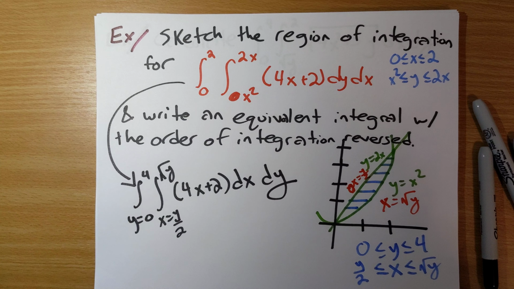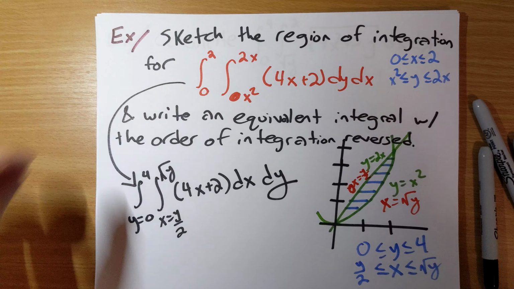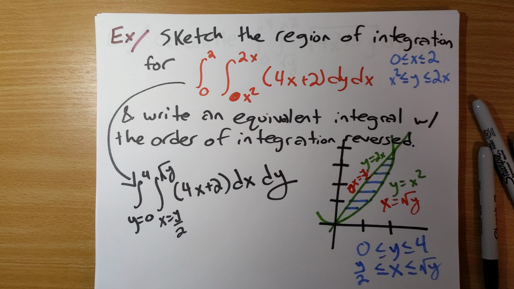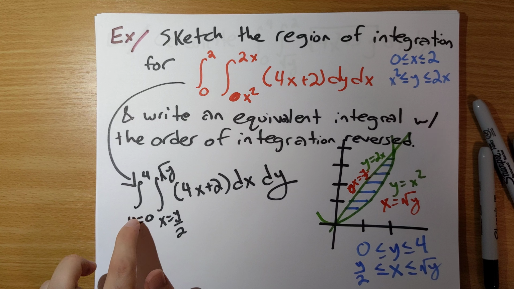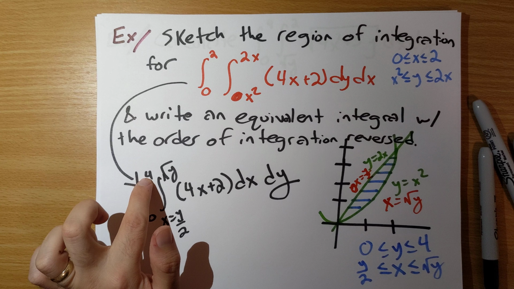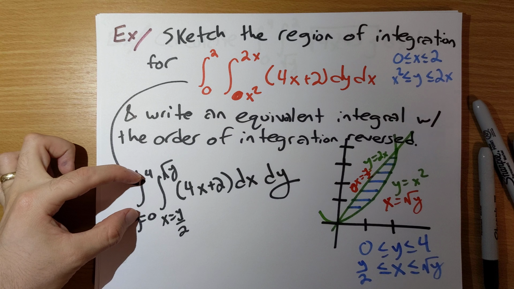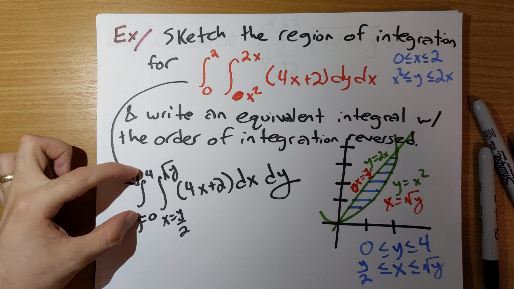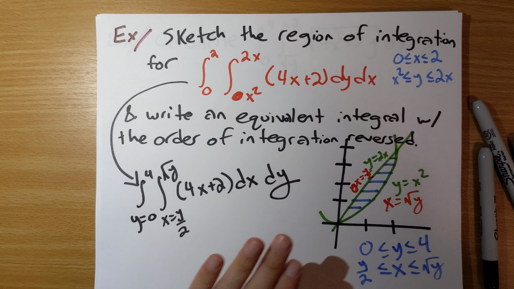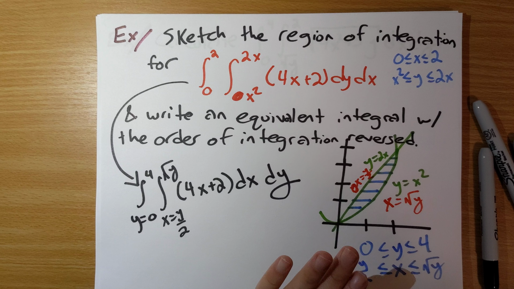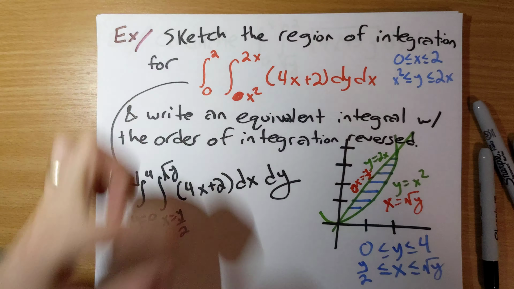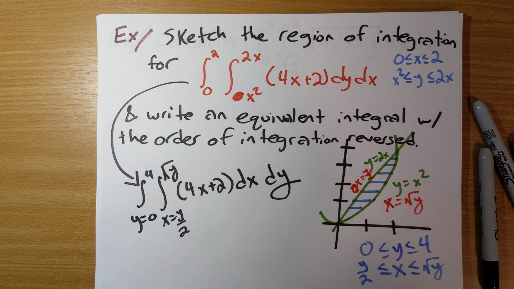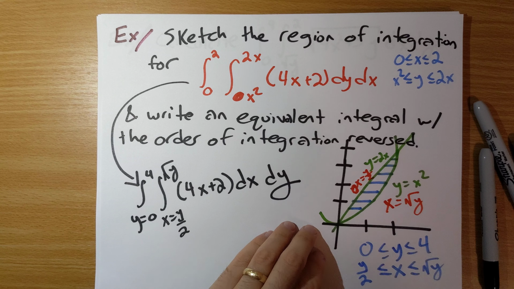Y is 0 to 4, those are constants. X runs from 0 to 2, those are constants. If you ever give me an answer in which there's, y is equal to x squared or x or 2x, some expression involving x on the outside integration, I automatically know that's incorrect. So make sure your outside bounds are always constant when you're thinking about switching the order of integration.